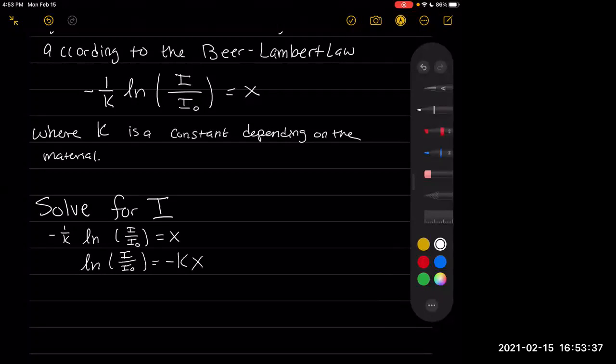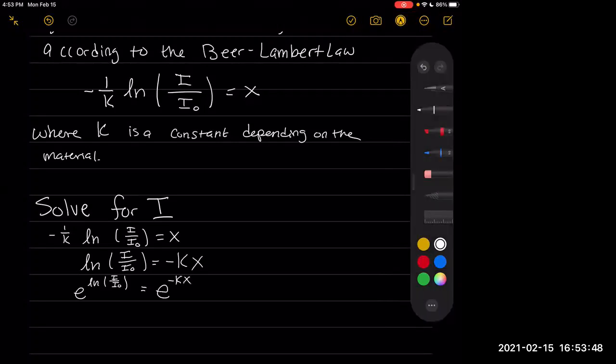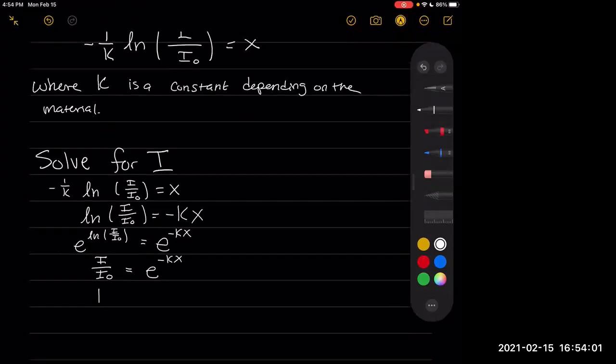So we have e to the natural log of I over I naught equals e to the negative kx. The left-hand side simplifies to I over I naught equaling e to the negative kx. Multiplying both sides by I naught, we end up with I equals I naught e to the negative kx.